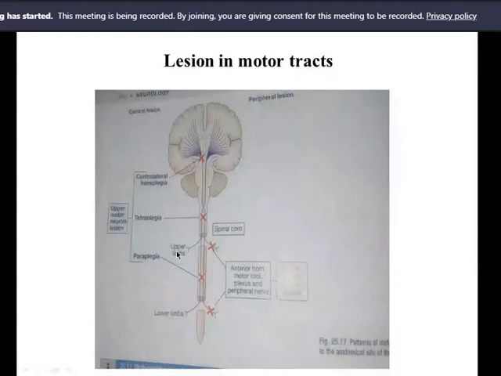Now, if the lesion occurs after the crossing, then both the tracts, from this side and from that side, are cut. So there will be quadriplegia or tetraplegia. All the limbs, hand, foot, leg, all will be affected.